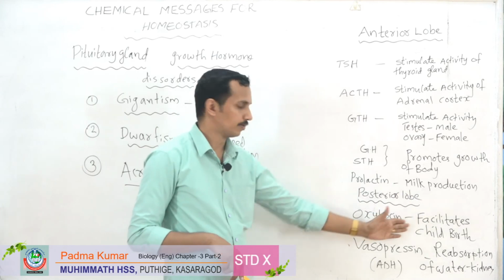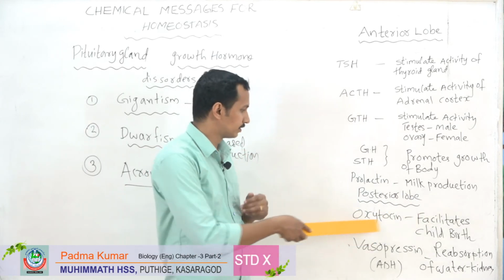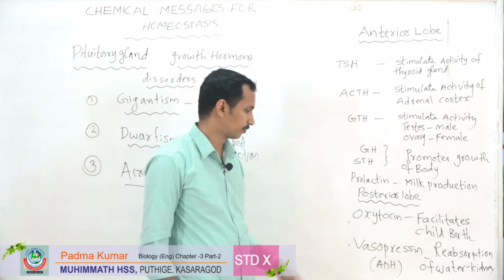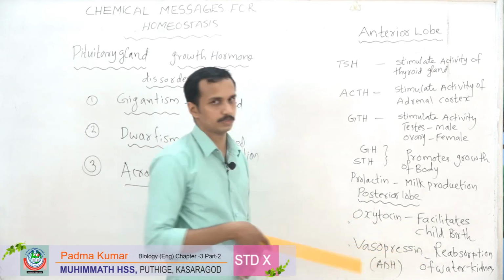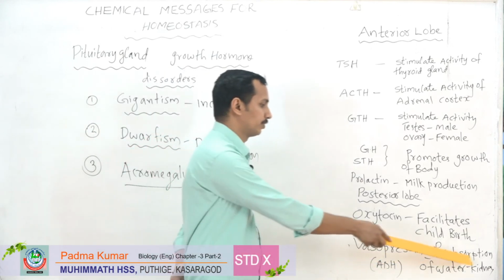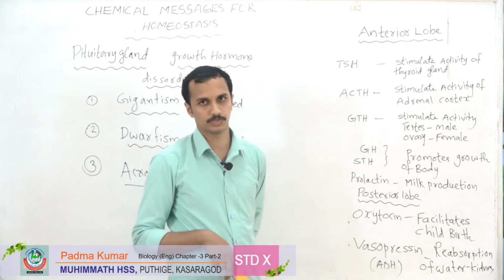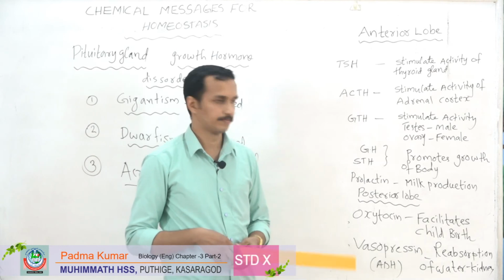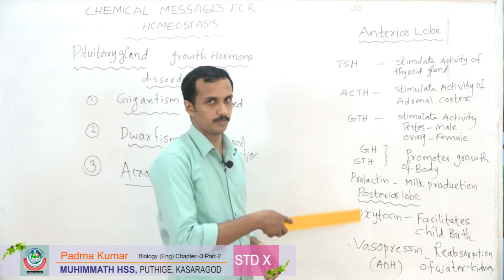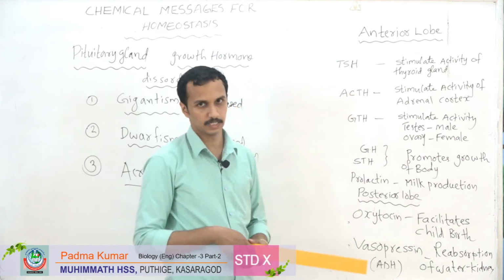And the second hormone, vasopressin, is associated with reabsorption of water at the kidney. So there are 2 hormones secreted at the posterior lobe of our pituitary gland.